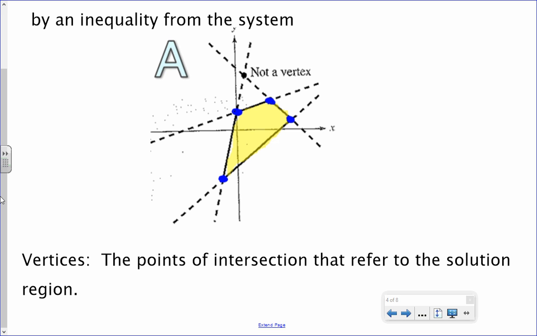Do you remember when we did substitution and elimination? What are we solving for when we do those methods? The intersection point. So now, within these inequality problems, we get to use that in order to find those vertex points. Now, we do have a method called graphing that we could also rely on, and I'll talk about that, but we're going to need to be very, very careful when we do that.